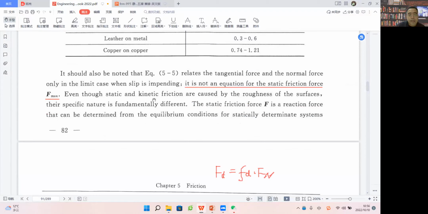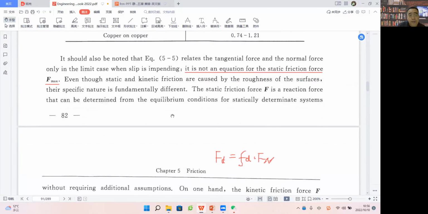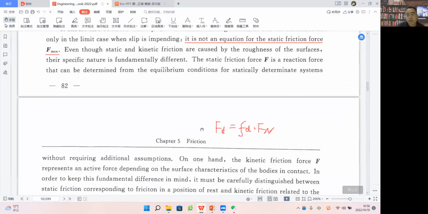Even though static and kinetic friction are caused by roughness of the surface, their specific nature is fundamentally different. So actually, we also have another one, 动摩擦, kinetic friction. Actually, we have Fd equals Fk times Fn.